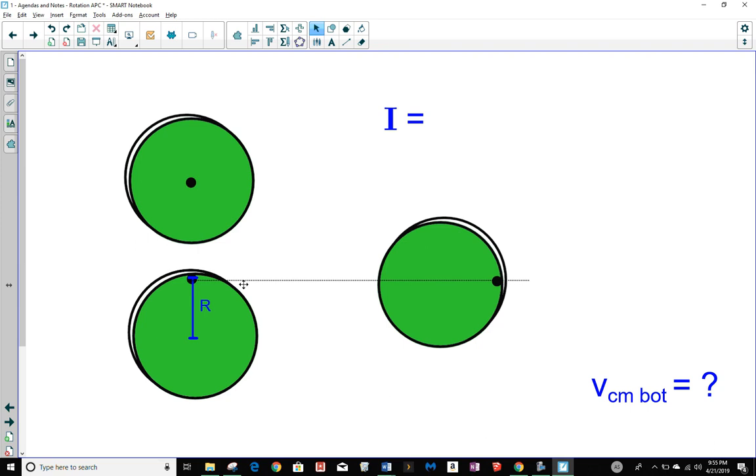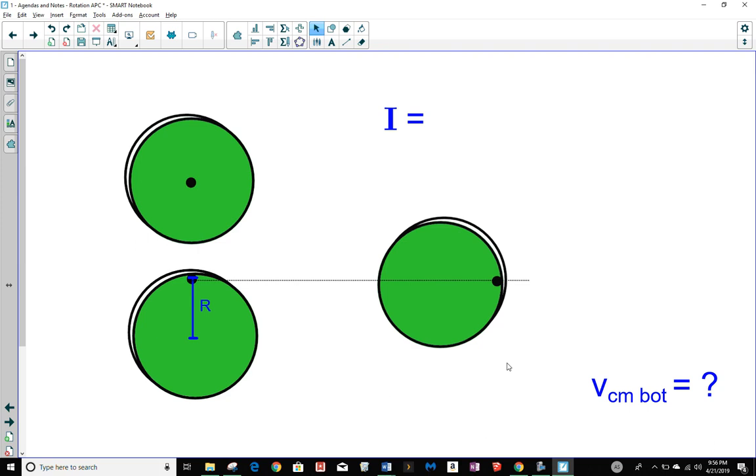Because the direction of the gravitational force relative to the rotational axis changes as this thing sweeps through. We have a changing angle of our force. It's way too difficult to deal with.